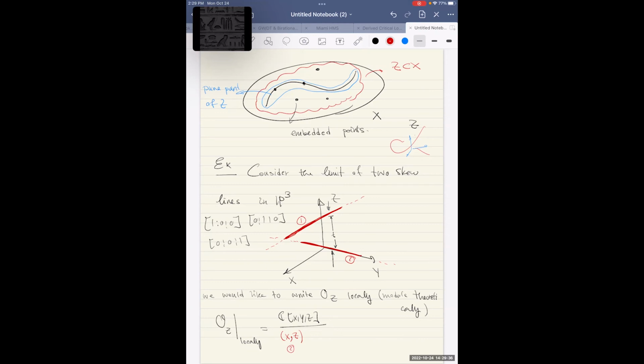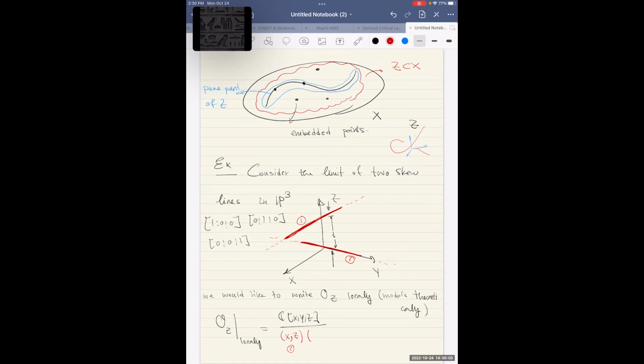Then all functions that vanish on the first branch. The first branch is along the x-axis. If it was the x-axis itself, I would put y and z, but it's not like that.